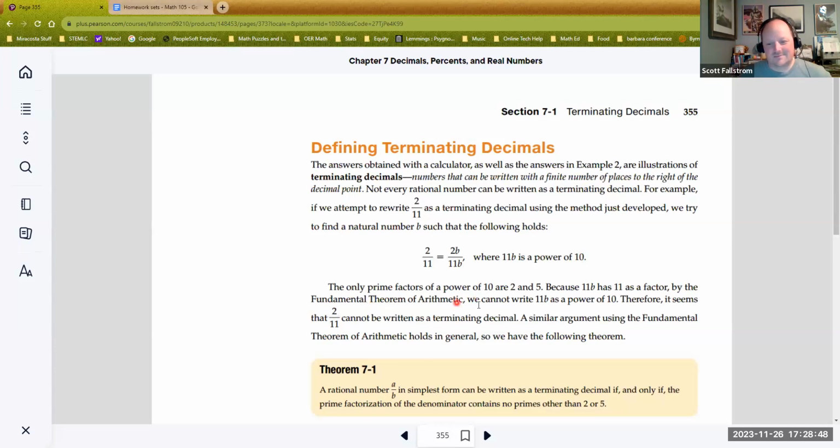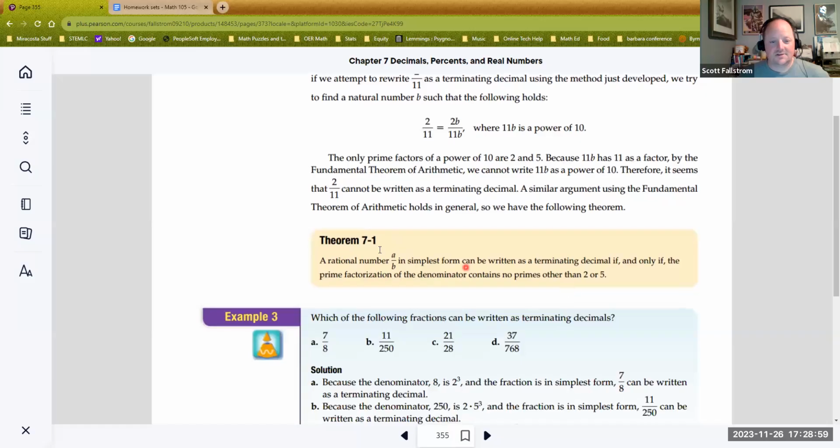Well, back in chapter 4, the fundamental theorem of arithmetic says we cannot write 11 as a power of 10, even if it's 11 times b, because 11 does not divide 10. So a rational number in simplest form can be written as a terminating decimal if and only if the prime factorization of the denominator contains no primes other than 2 or 5.